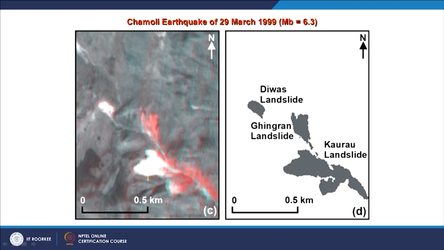So, white colors are again depicting that landslides were already existing, no change in terms of reflection, whereas red color are showing the changes, new surface has been exposed, means vegetation has disappeared, and that can happen due to landslides, fresh landslides, and that has happened because of that 29th March earthquake. Again, you can mask everything and you can bring only landslide affected region. You can do the measurements and other things very easily.